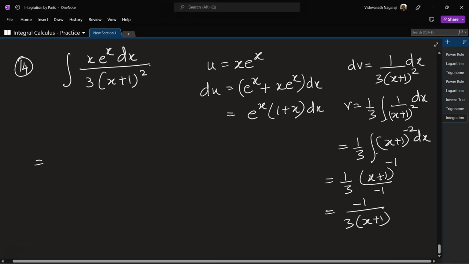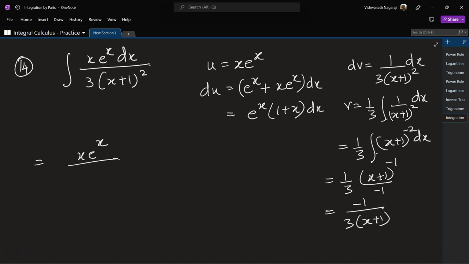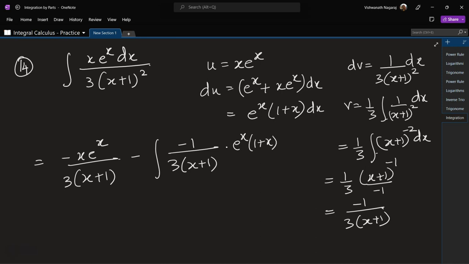Now that we have the parts, let's assemble the parts. uv, so x e to the power of x divided by, here we have v, which is minus 1 by 3 times x plus 1, minus integral of v du. So minus 1 by 3 times x plus 1 times e to the power of x times 1 plus x dx. 1 plus x and x plus 1 is the same.